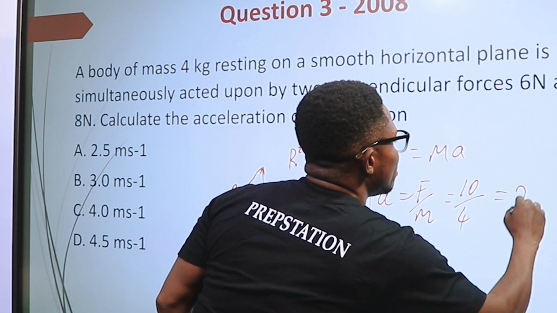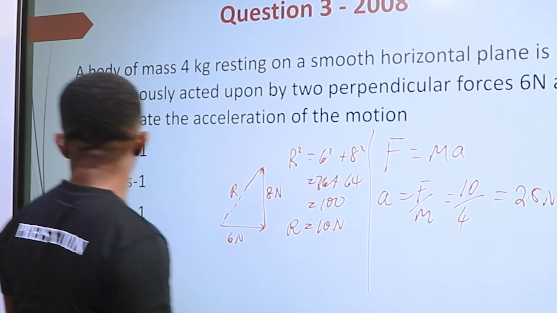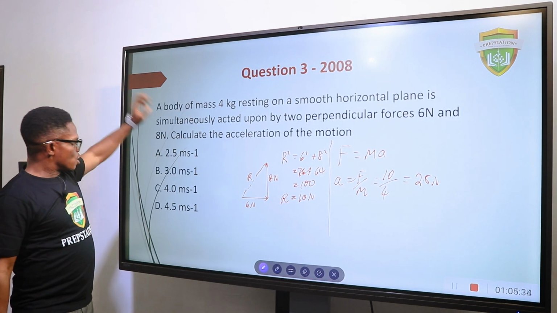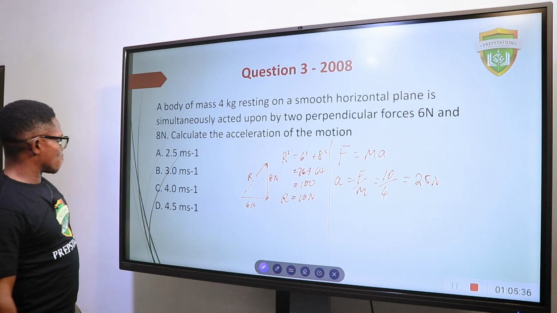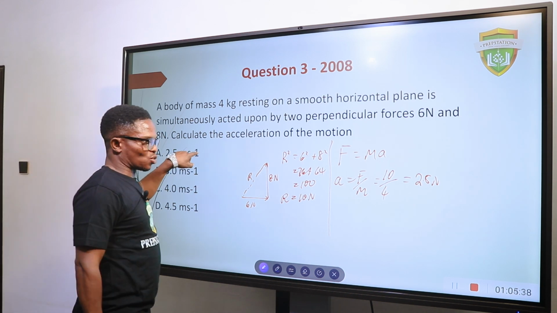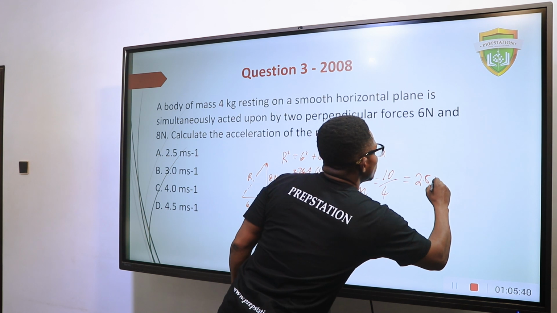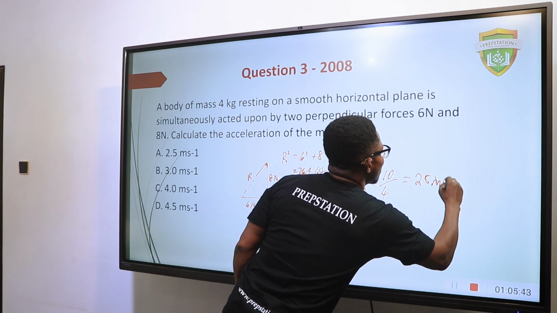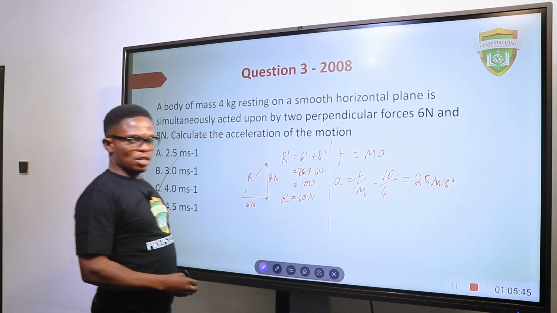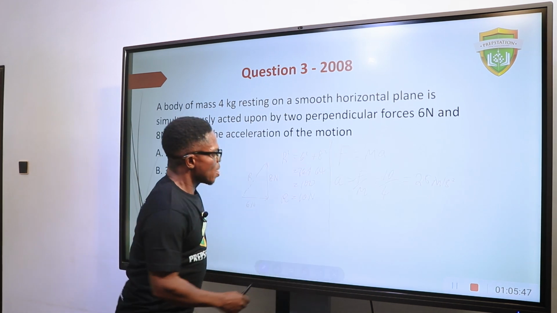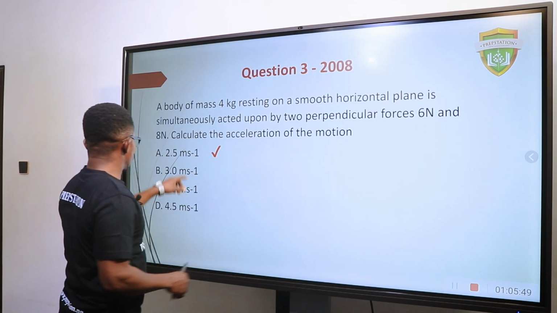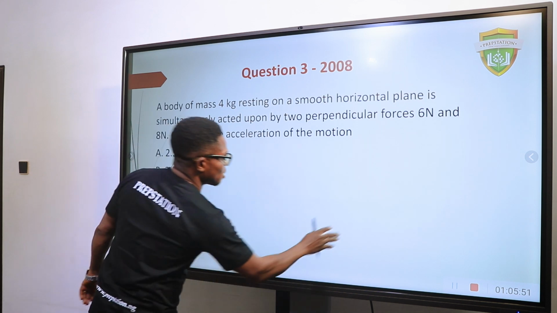So if you divide this, you get 2.5. So the answer to this question is 2.5 meters per second squared. Sorry about this, the unit should be meter per second squared. Hope that is clear. Let's move forward quickly.